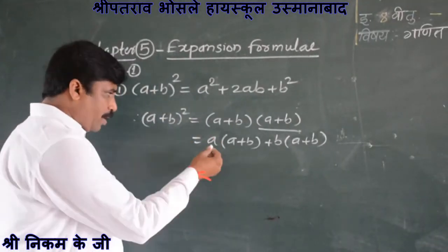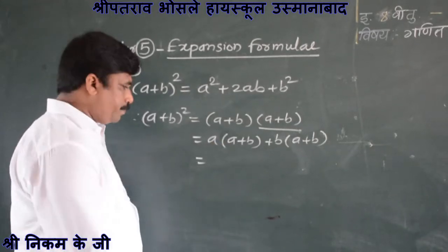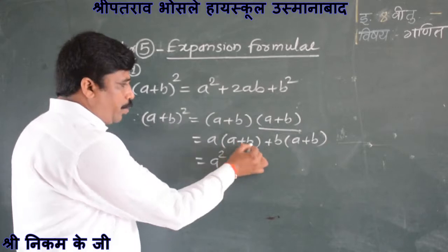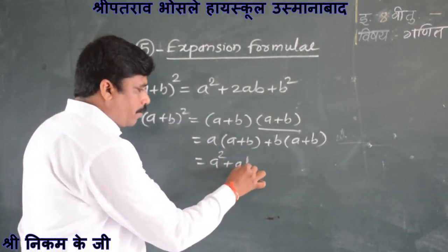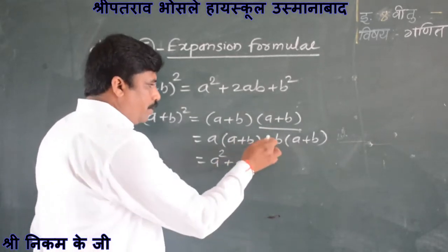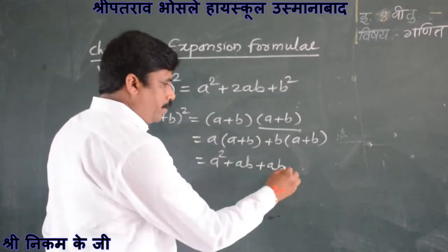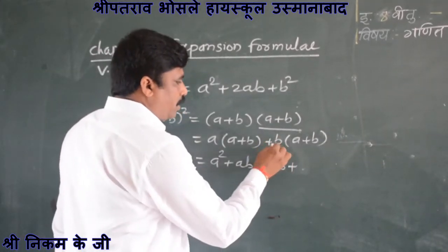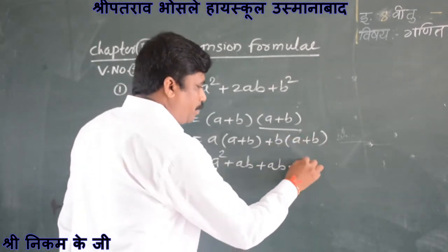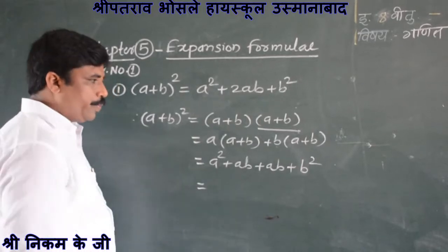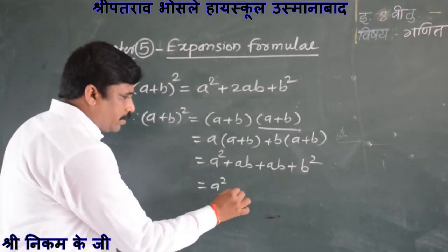Now see, a into a is a square, a into plus b is ab, plus b into a is plus ab, and last is plus b into plus b, which is b square. So a square as it is.